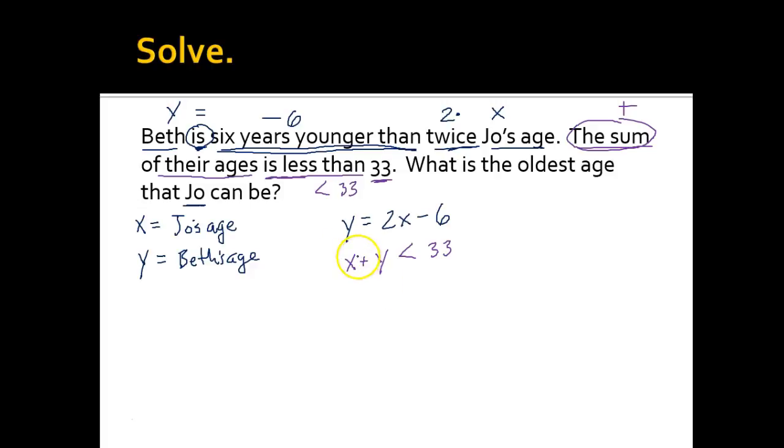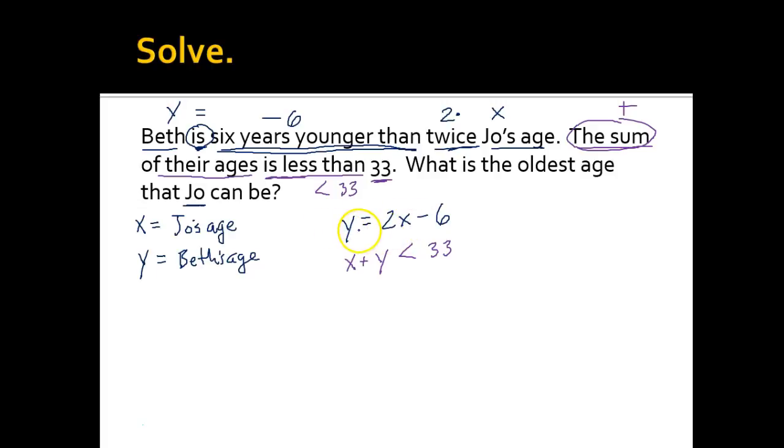We're going to keep on going and see if we can get this one, even though it's not, strictly speaking, a system of equations. We're trying to figure out what Joe is, x equals, and it just so happens that we have our first equation in terms of y, y equals 2x minus 6, which is what we need in order to find out what x equals.